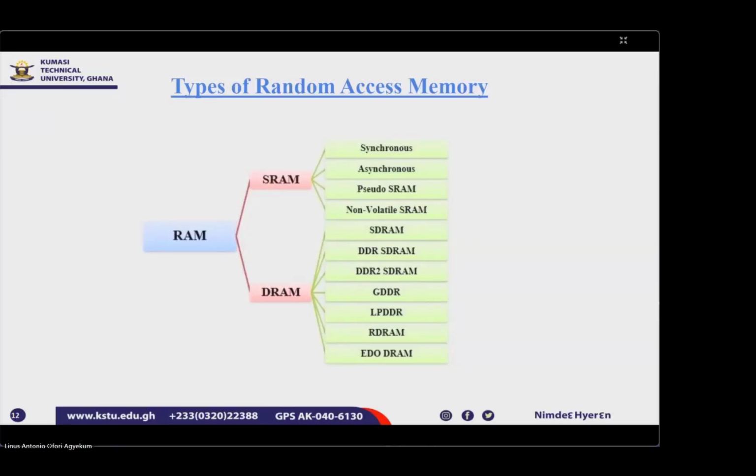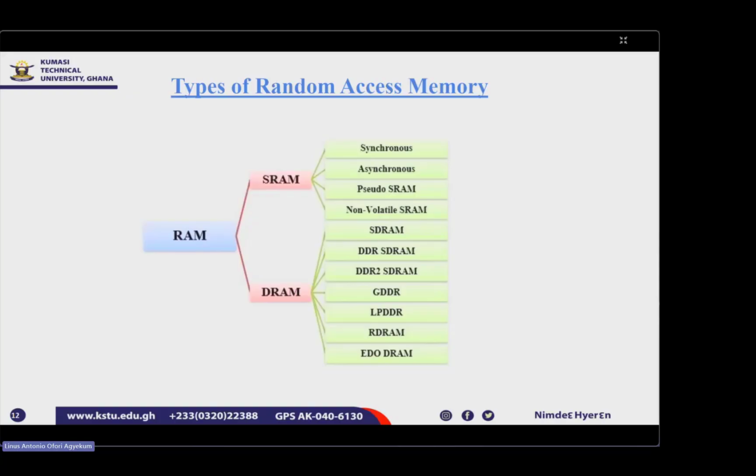Now, like we looked at earlier on, we said that the types of random access memory we have are the static and the dynamic random access memory. So if you look at this diagram here, this is to illustrate the various types of static random access memories we have and the various types of dynamic random access memories we have.